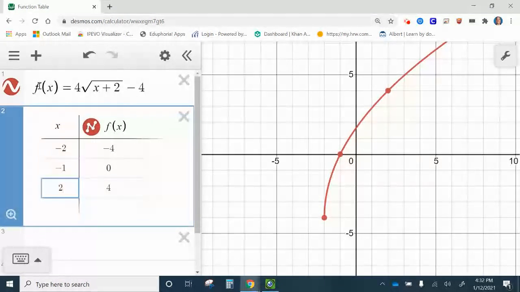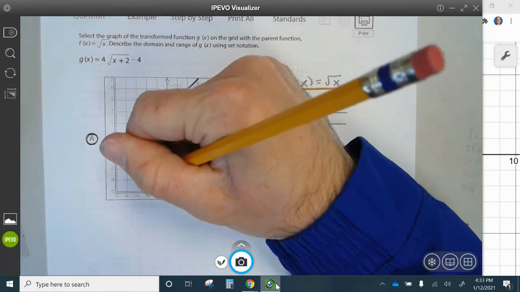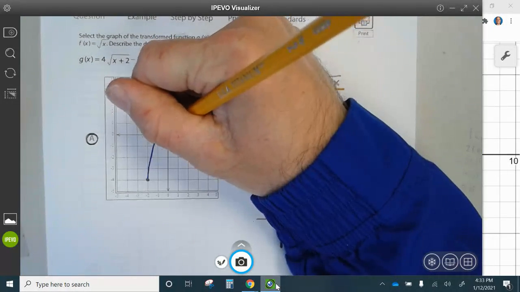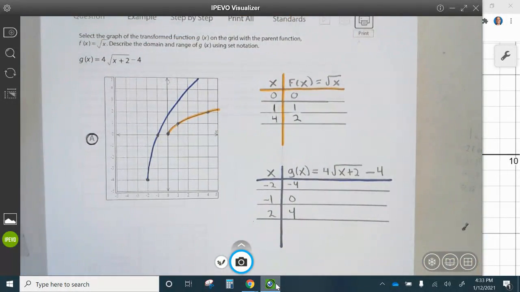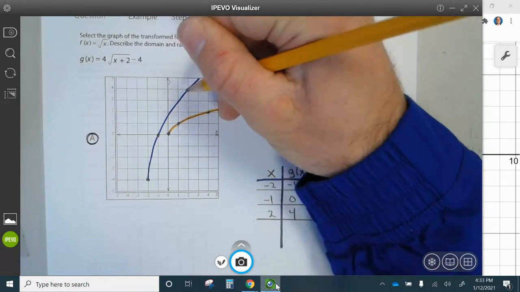And I think that probably is enough points. So let's write those down: -2, -4, -1, 0, 2, 4. Okay. So let's graph those points. -2, -4 is right here. -1, 0 is right here. And then 2, 1, 2, 3, 4. So we have our points.